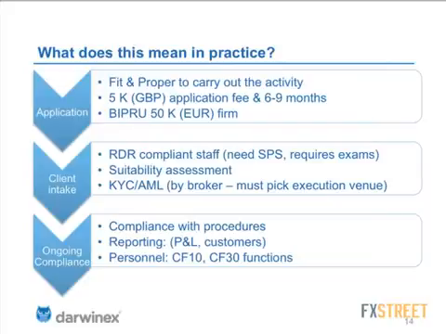Now, for the FCA to consider your application, you'll obviously have to fill it in and submit it, for which there are different fees. The fees range from £1,500 for simple applications like Arranger, which is the one that you need to become an introducing broker.